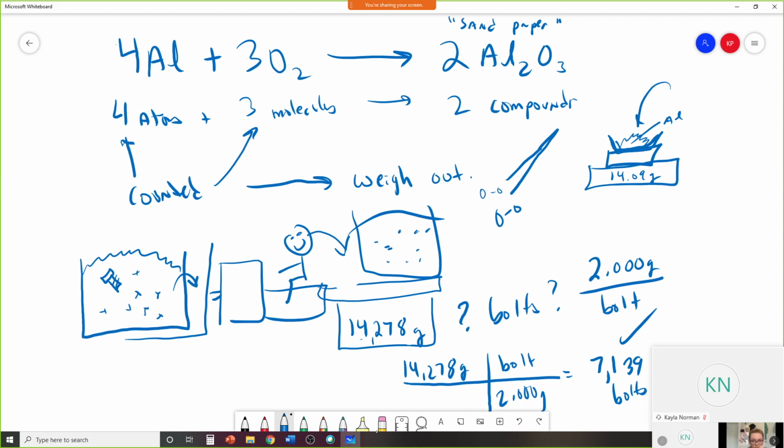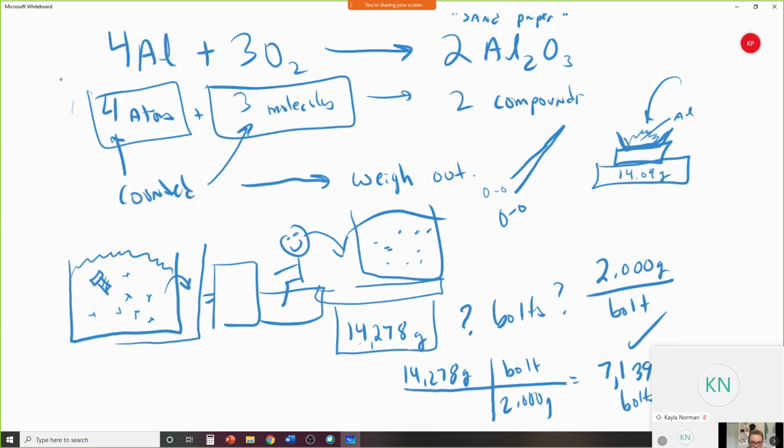Now, how is this going to work for what we're trying to do up here? Well, instead of saying 4 atoms of aluminum or 4 gazillion atoms of aluminum, we give it a special number.